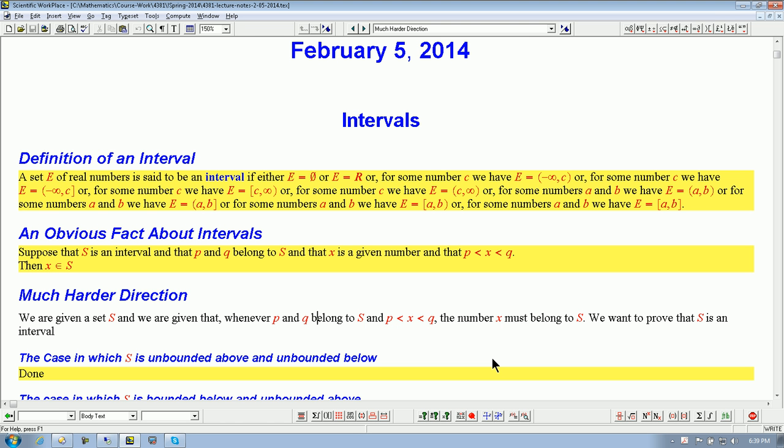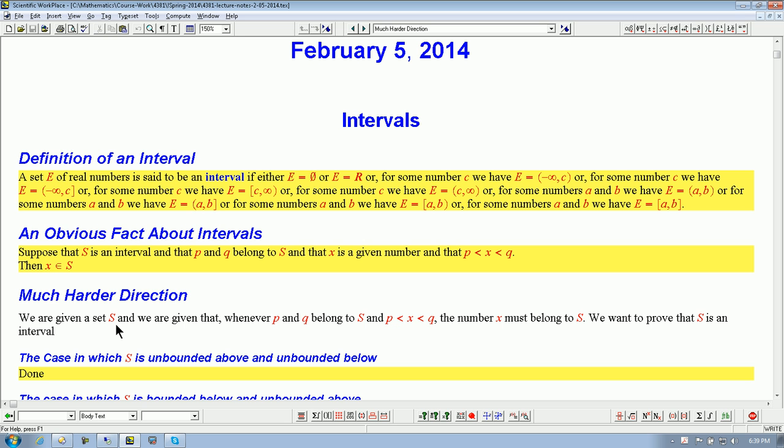And last time, towards the end of the day, when you were all exhausted, I proved this for several situations. When the set S is unbounded below and above, I showed you that S had to be the whole number line. That's an interval. When the set S is empty, there's nothing to prove. That's an interval.